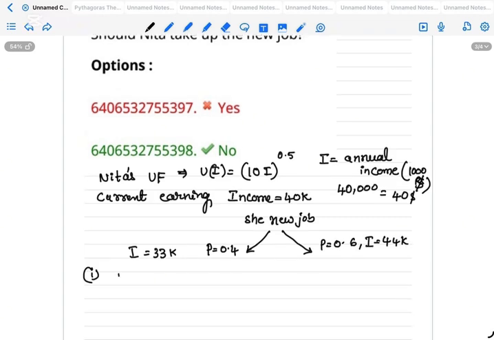Present utility equals the square root of 10I, that is the square root of 10 times 40, which equals 20.